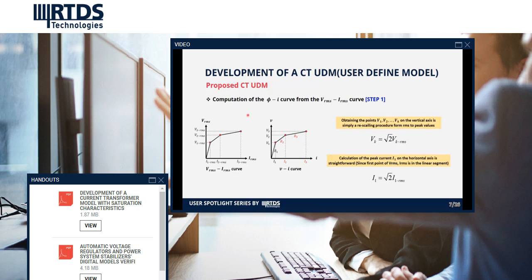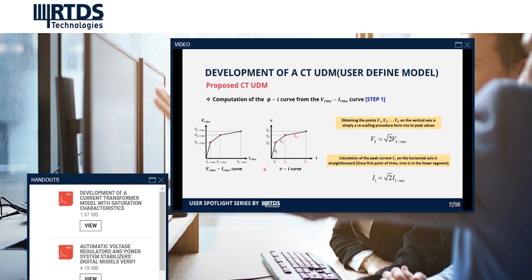Here is the first step. According to the open circuit test, the input voltage is a sinusoidal wave. So, obtaining the points from V1 to Vk on the vertical axis is simply a rescaling procedure from RMS to peak values.